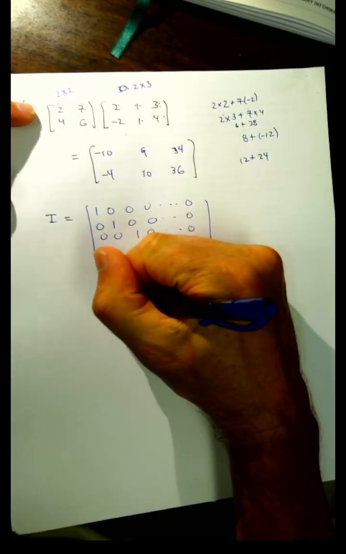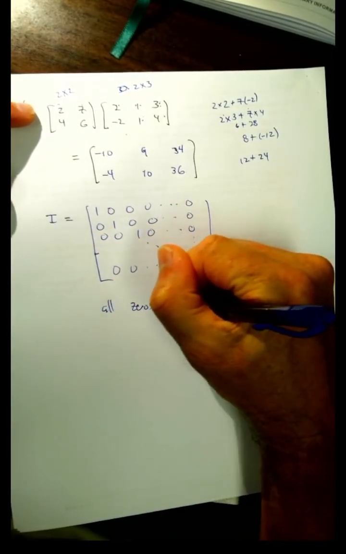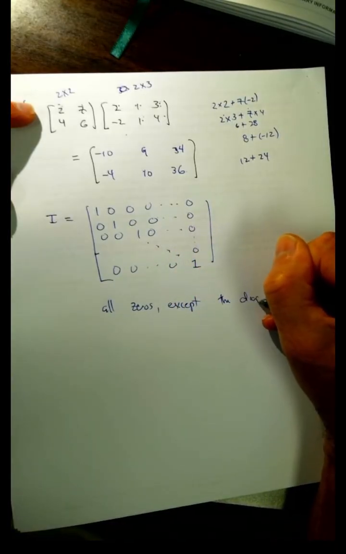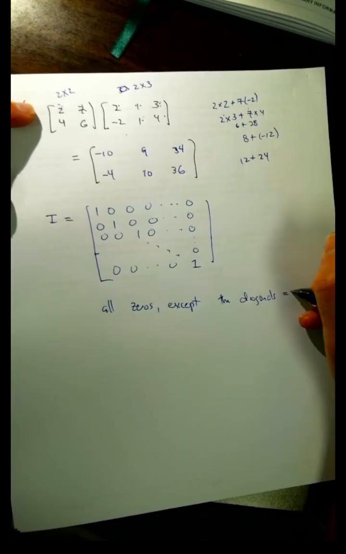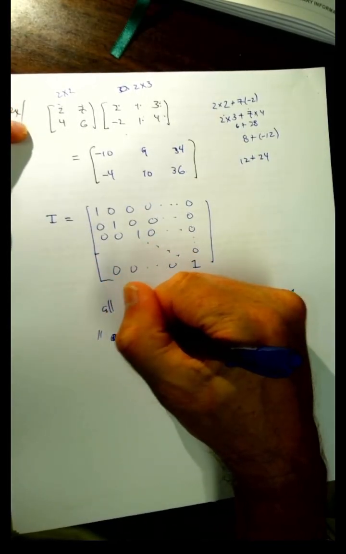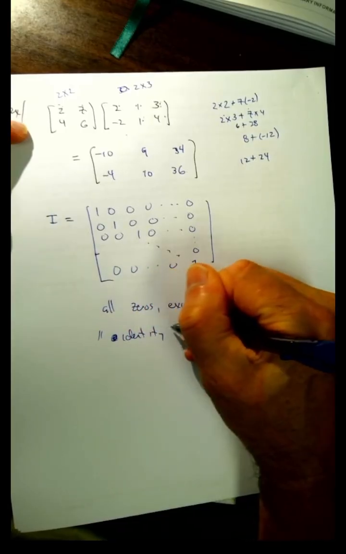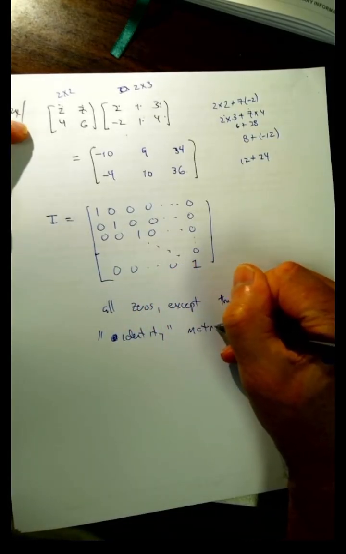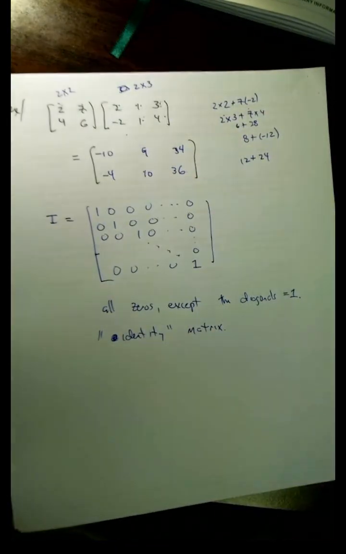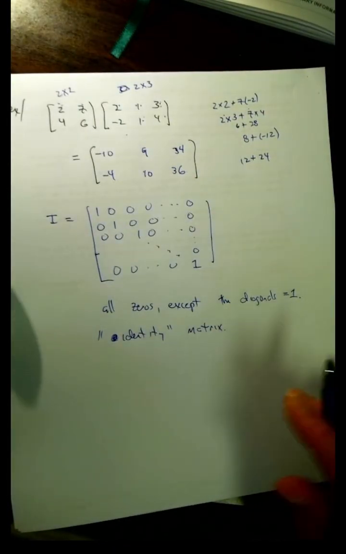So this is all zeros, except the diagonals equal 1. This is going to be called the identity matrix. Okay, and what's special about this is that this matrix times any matrix just gives you the other matrix.